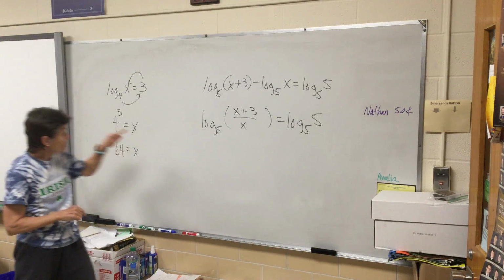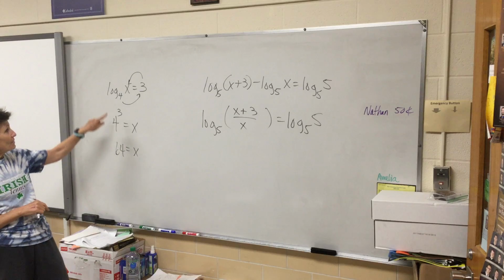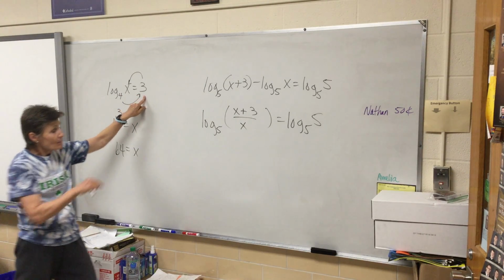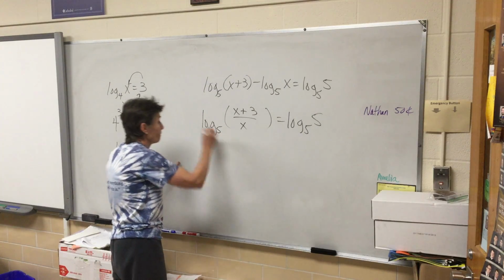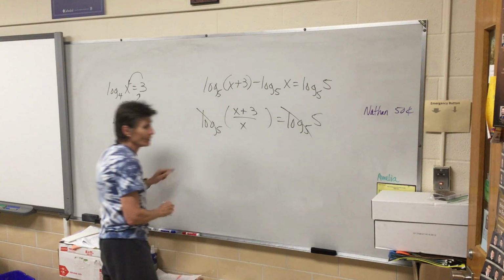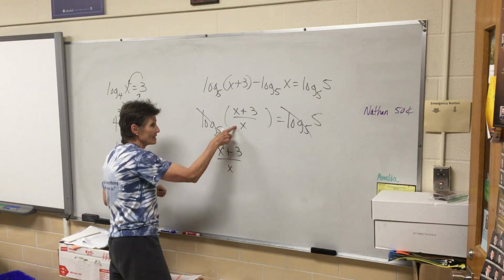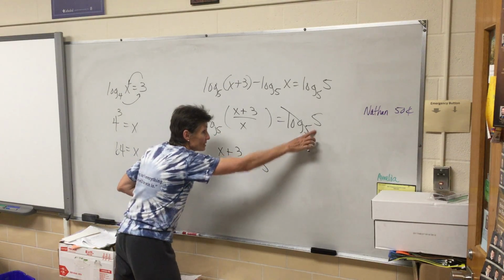Now, that equation looks different than this one. This one did not have a logarithm on this side. This one has a logarithm on both sides, so you're allowed to disregard those and just set this equal to this.